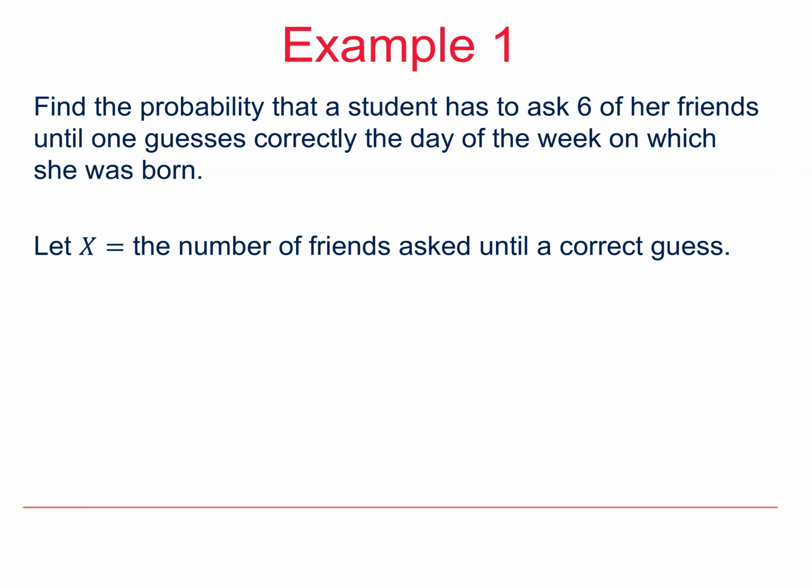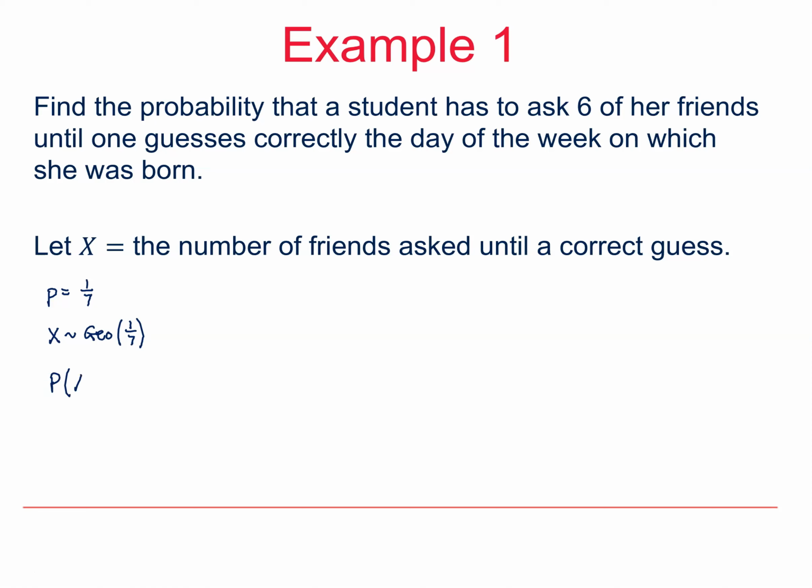Here's an example. Remember that we interpret this as 6 friends including the guesser. So the probability of guessing correctly is 1 in 7, so P is equal to 1/7, and X is geometric with parameter 1/7.